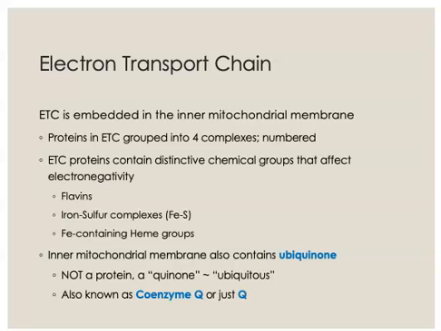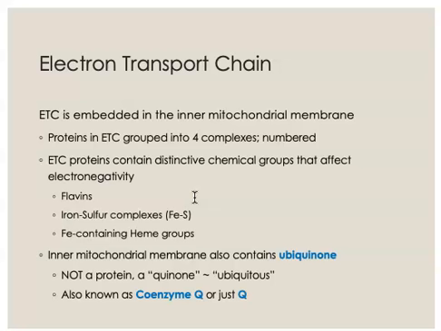They have to be good at passing electrons. So they contain things like flavins and iron-sulfur complexes, heme groups. Don't worry about these details so much. Just understand that the proteins in the electron transport chain have varying electronegativities, so they're able to pass electrons one to another.